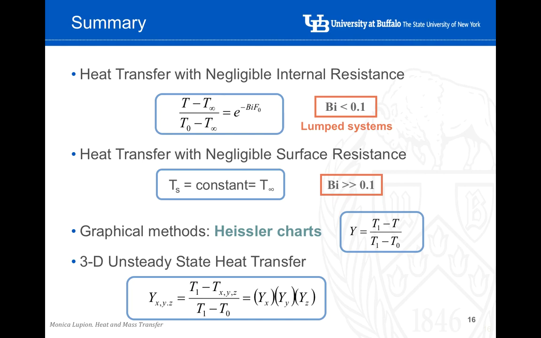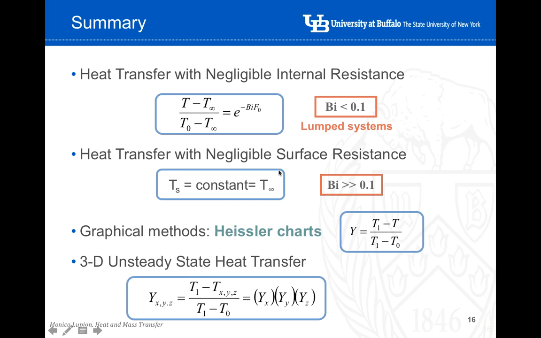As for the analytical method, we studied cases when the internal resistance is very small. Those are the systems that we call lumped systems, when the Biot modulus is lower than 0.1. And in those cases, we can directly use this equation here as a solution for the temperature.